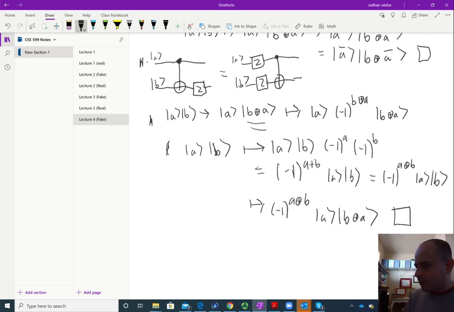So that's one way that you can prove the equivalence of quantum circuits.